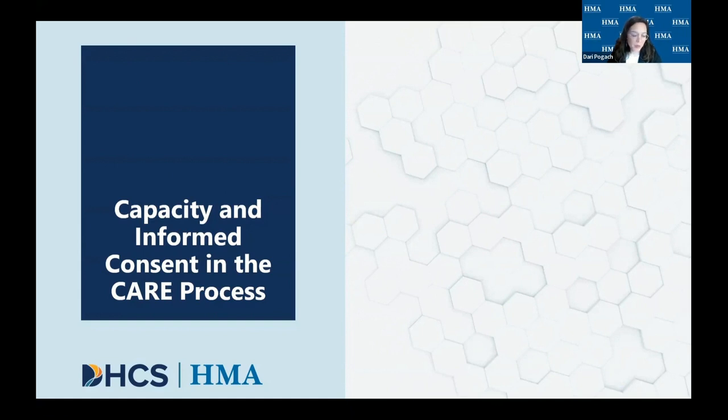And I just want to make one more point, which is every person is unique. This gets back to my original point about how messy and complicated these concepts can be. And so every individual's trajectory through the care process is going to be different.